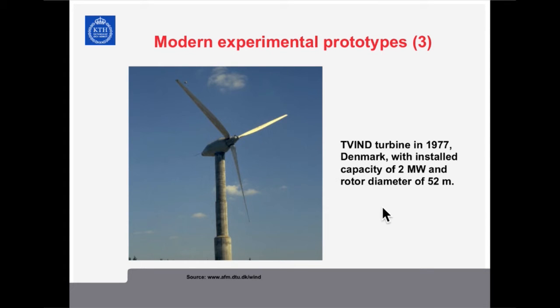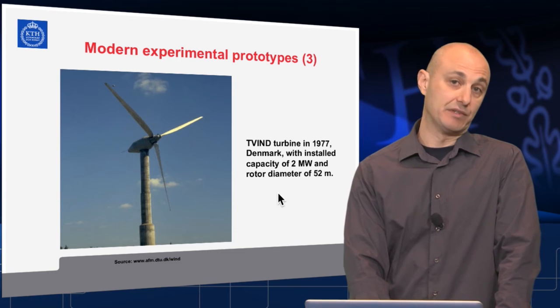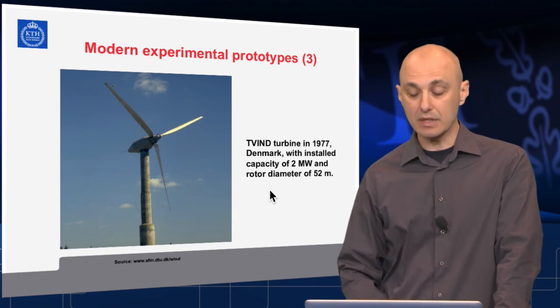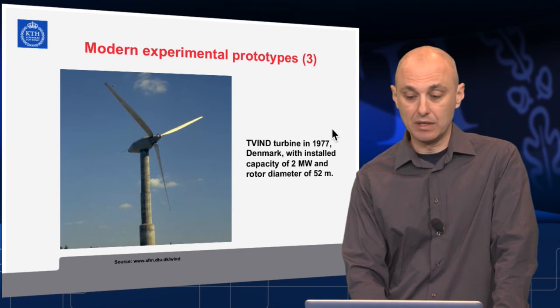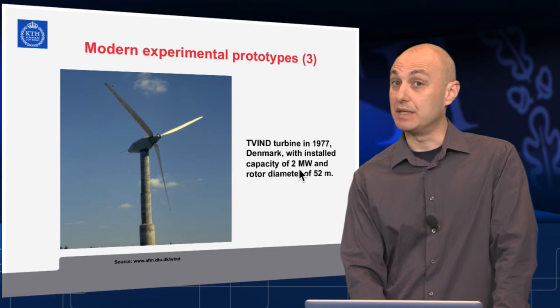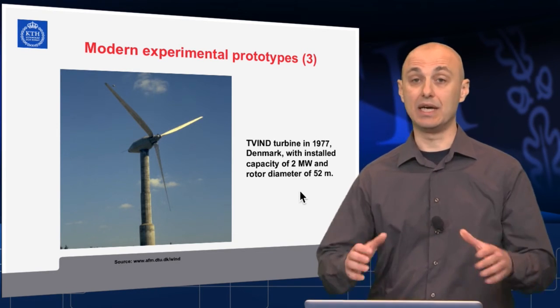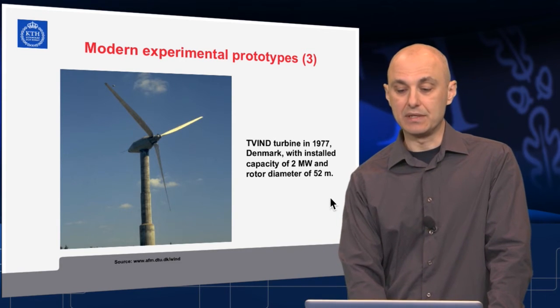The so-called twin turbine on the western coast of Denmark was built by a group of enthusiasts. It was not at all state-funded. Maybe it was, but at least the story says so. It had a 2-megawatt generator, the largest for the time. We're talking about the 70s, and the whole project started in the 60s. And a 52-meter rotor.